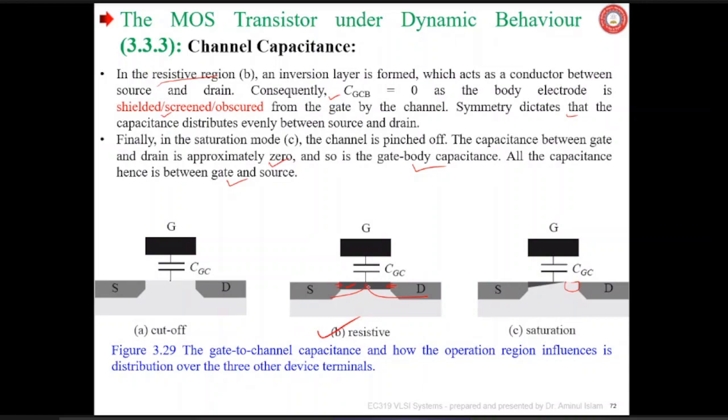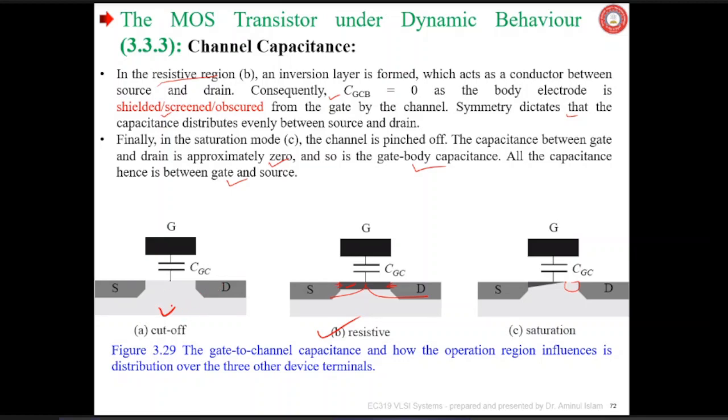When this inversion layer is absent, there is no conducting path. Why? Can you tell why there is no conducting path from source to drain?